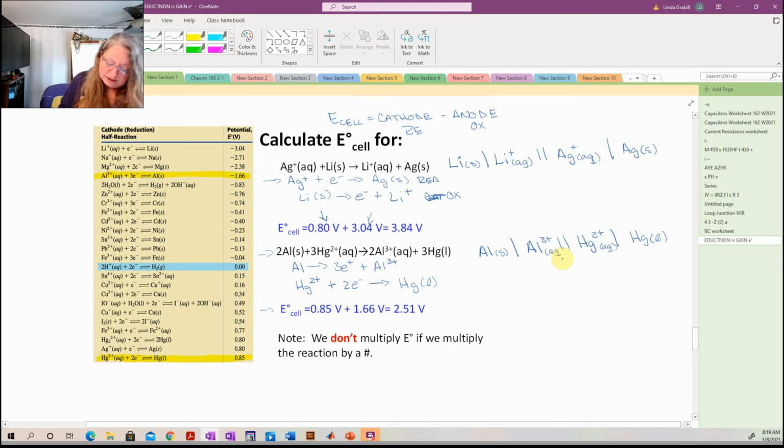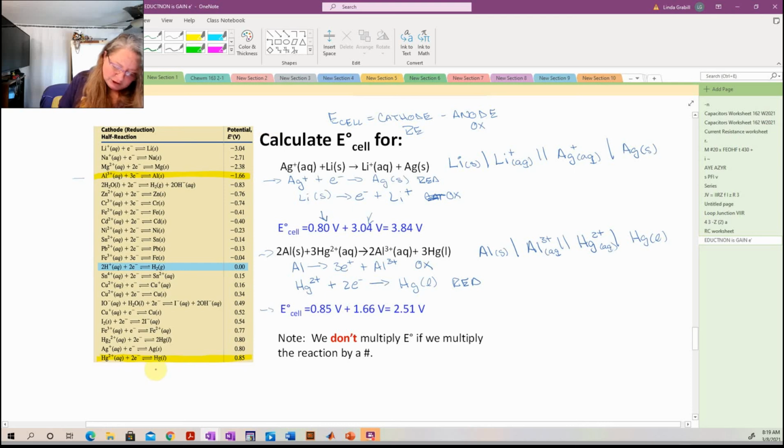Oxidation is loss, reduction is gain. What's happening here? Well, for doing my plus and minus, let's just write this out because I'm getting ahead of myself. Going from mercury, so oxidation, reduction, oxidation. There we go. And for my cathode and anode, my reduction is my cathode.